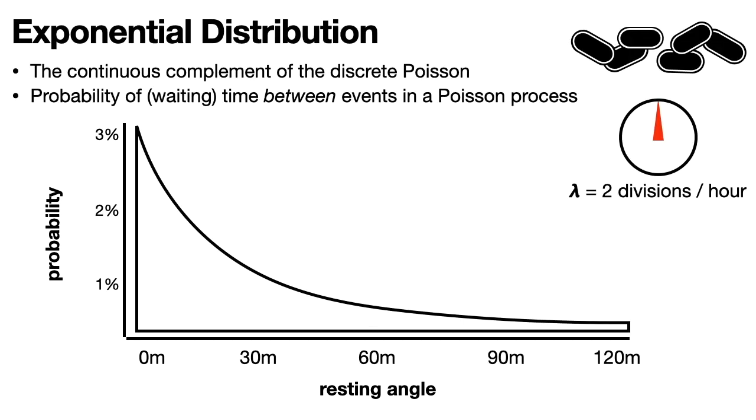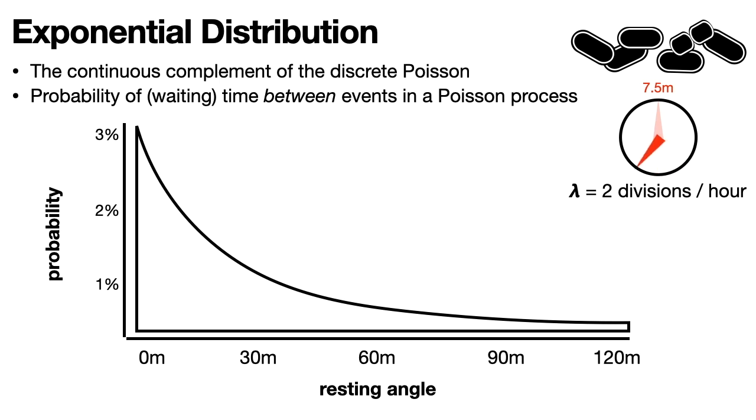The distribution of time between events in a Poisson process is a continuous probability distribution that we call the exponential distribution. In the same scenario we had for the discrete Poisson distribution, the exponential distribution of time between cell divisions would look something like this.